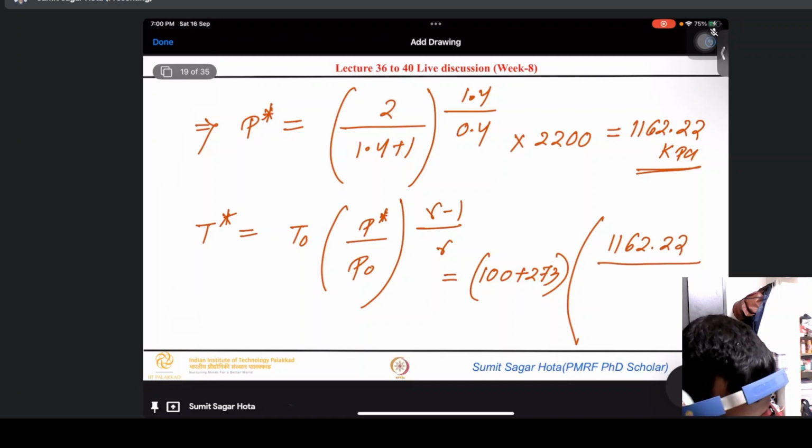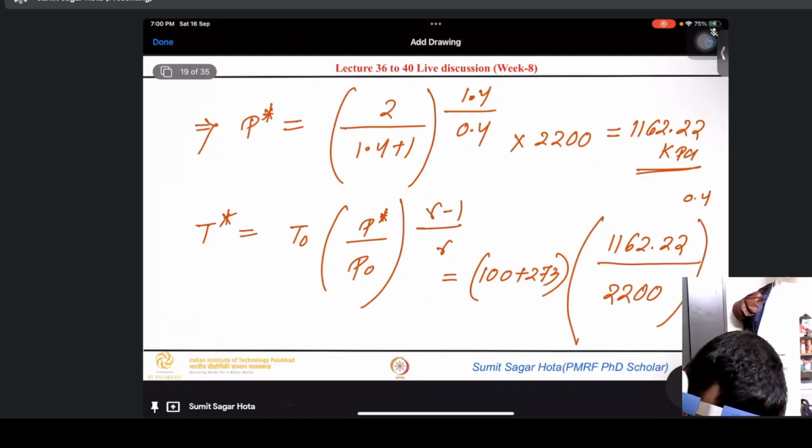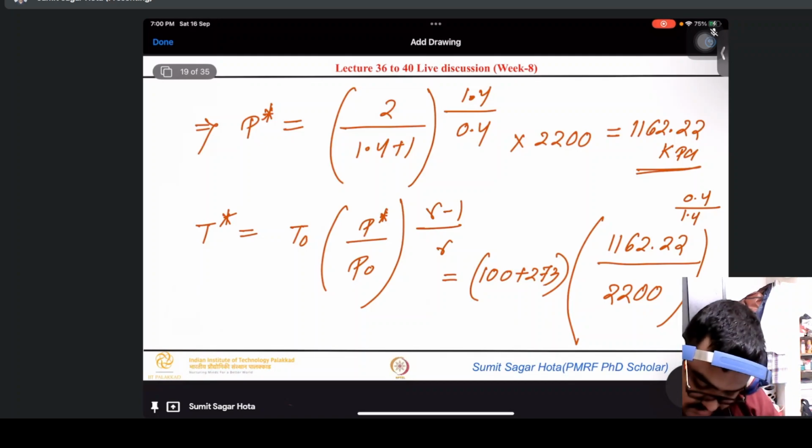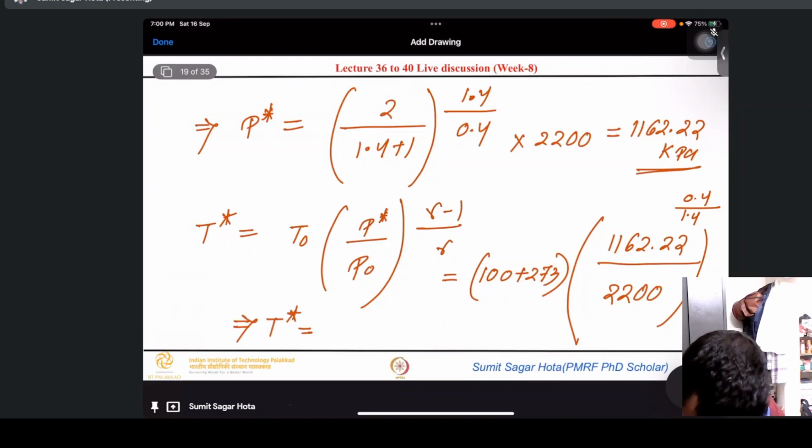So T star is 373 into (1162.22 divided by 2200) to the power 0.4 by 1.4. The value of T star comes out as 310.83 Kelvin.